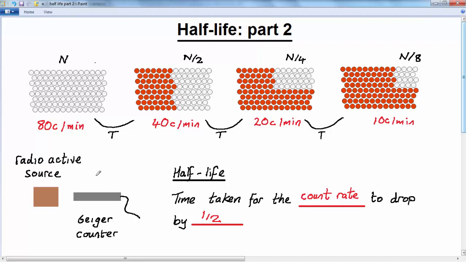So in fact, what happens when we take our measurements of this sample is that we find that the count rate looks something like this.